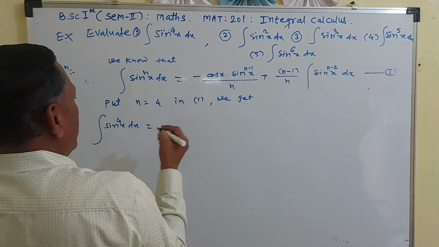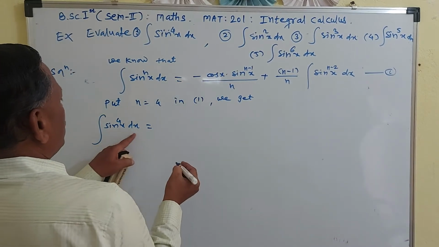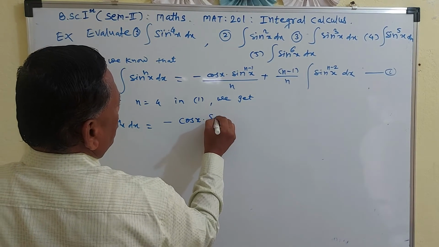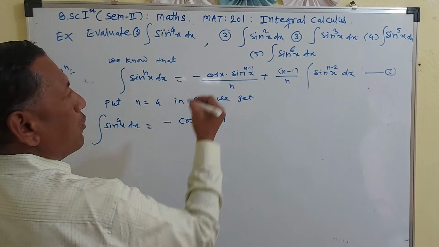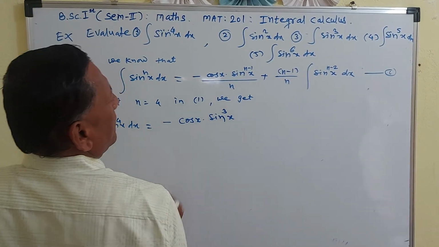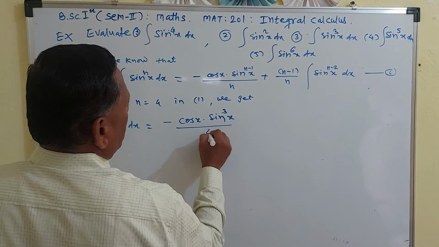So you substitute n is equal to 4: integration of sin^4 x is equal to minus cos x into sin^(4-1) x, that is sin cube x, upon 4.